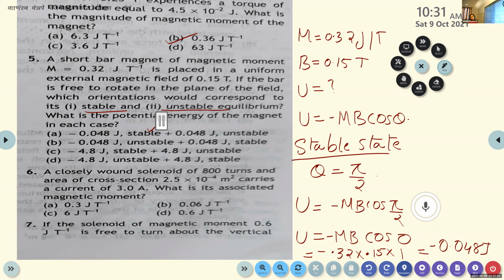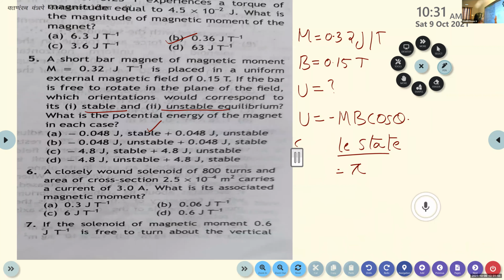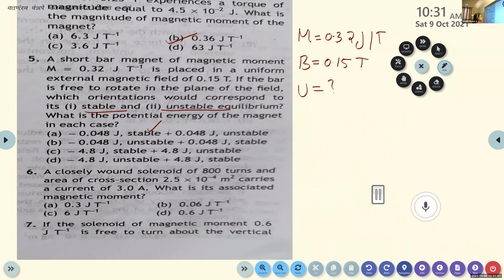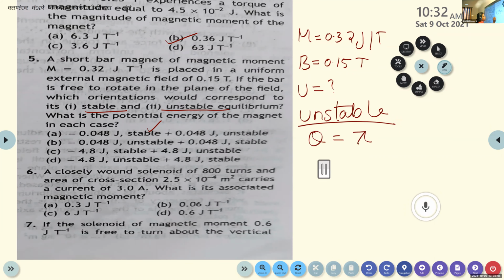Then what about the unstable state? Almost you get the answer now. For unstable state, we know that the angle theta is equal to pi. Therefore, the energy U is equal to minus mB cos theta, cos pi.